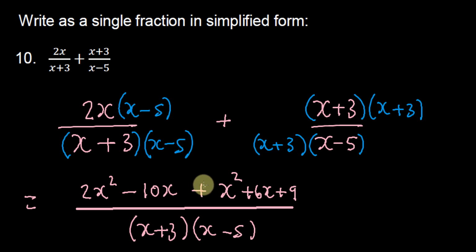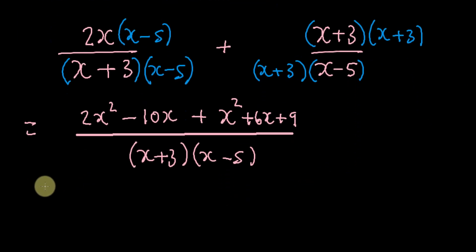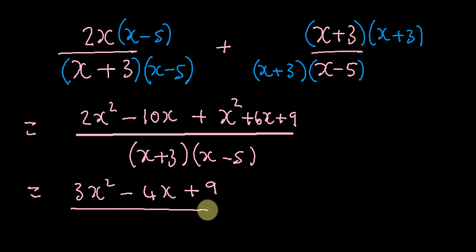If there was a minus here, we would put them in brackets. Now we simply add like terms. So 2x squared plus x squared is 3x squared. Negative 10x plus 6x is negative 4x. And then we have plus 9. And this is all over x plus 3 into x minus 5.